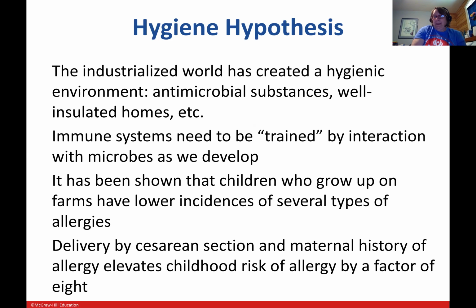If they're delivered by cesarean and there's a maternal history of allergy, they have an increased risk by about a factor of 8 of getting an allergy. So there seems to be a really important phase in our life where we just really need to get sick. We really need to be exposed to these pathogens. And if we are not, our immune system never quite recovers.